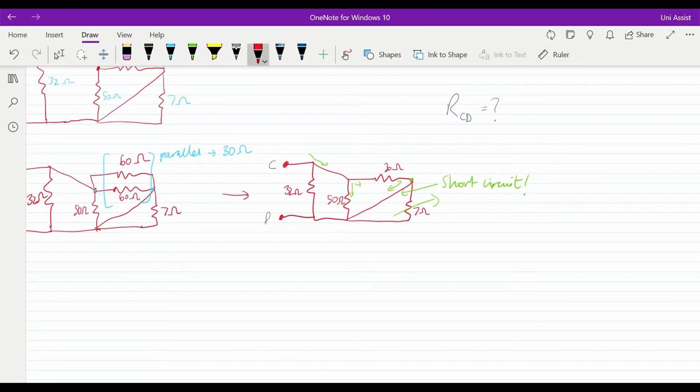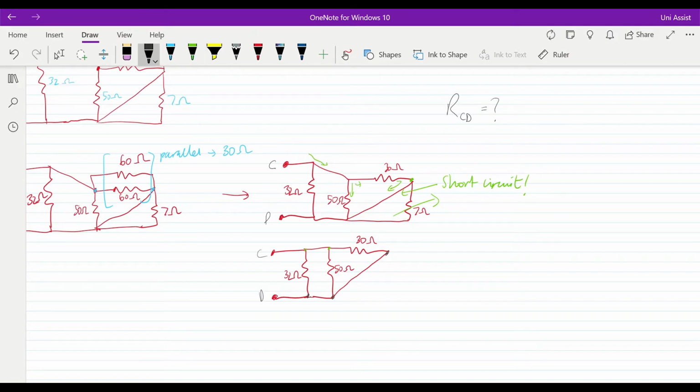So continue to redraw. Now we've got this 30 ohm connected by this diagonal to the 50 ohm and the 32 ohm. So what we have here now is a fairly straightforward parallel connection between the 3 resistors, because you can see that they're all sharing these same points, which I will label, so these are all common.